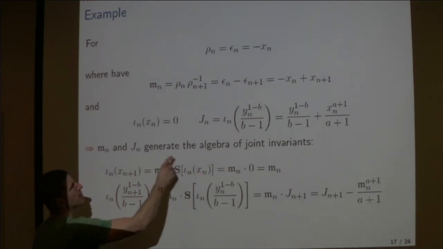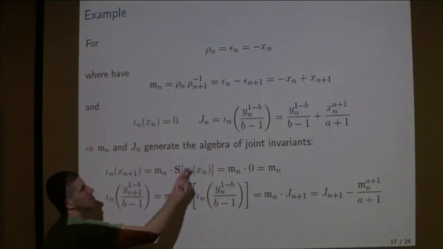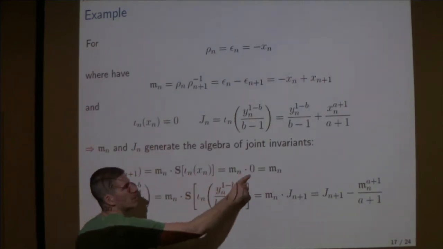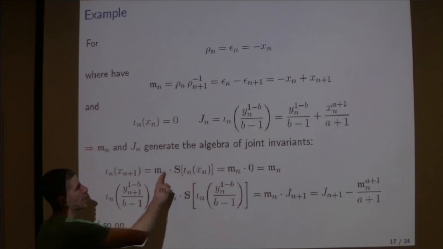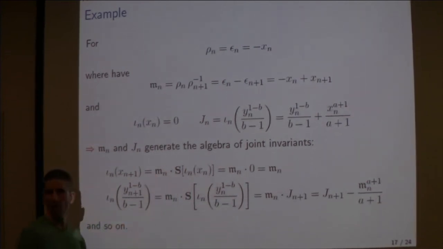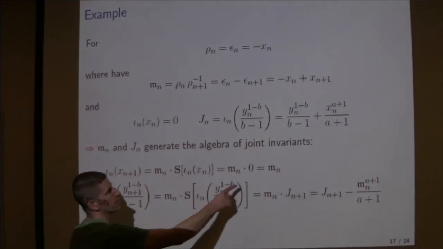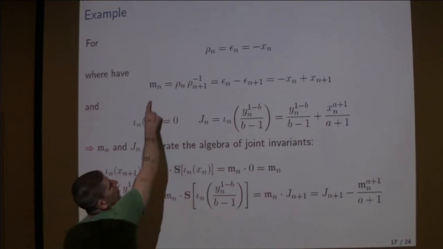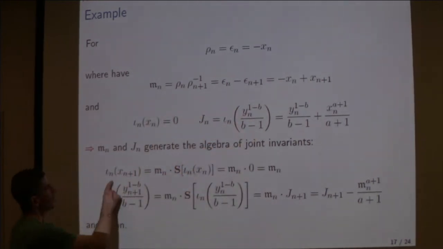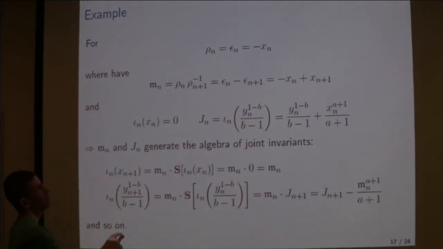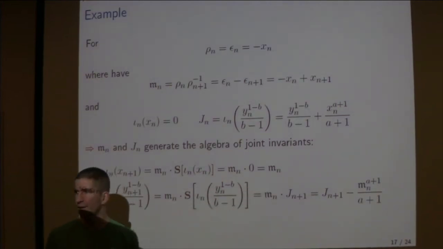In our case, the invariantization of xn is just 0. So if we shift 0, we have 0. Then we act on 0 with the Maurer-Cartan invariant, which is here, mn. And so the invariantization of xn plus 1 is just the Maurer-Cartan invariant.